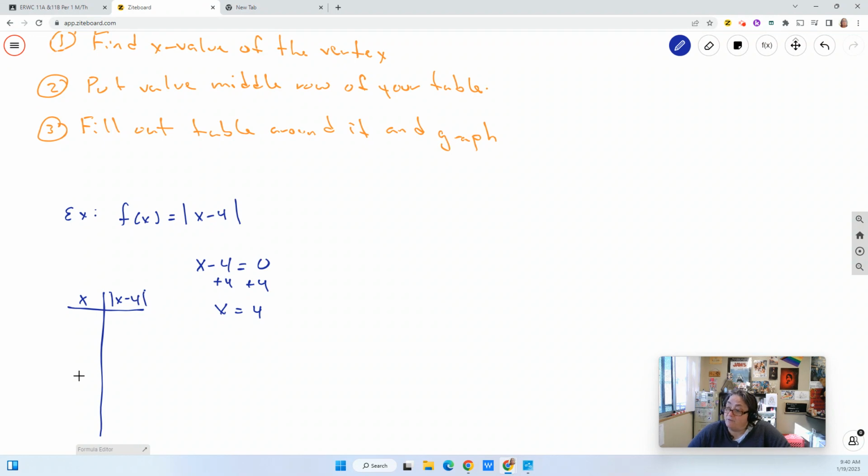And so if I know that 4 is my middle value, I'm going to have 3, 2, 1 here, and 5, 6, 7 here, right?